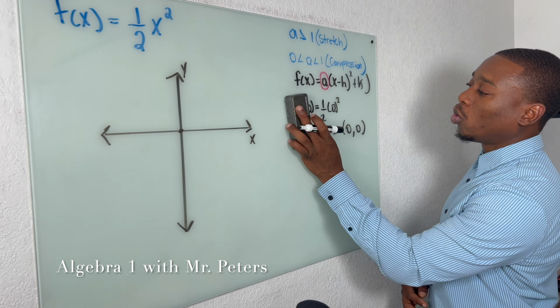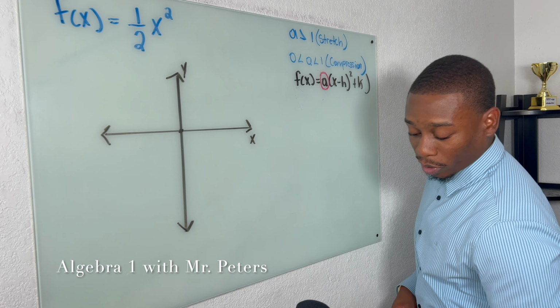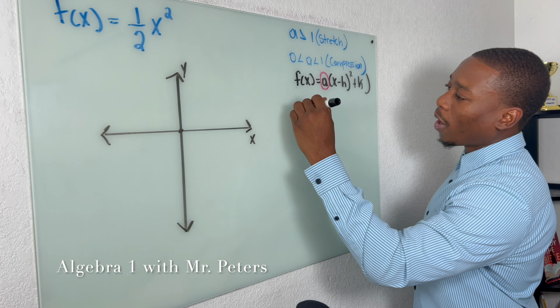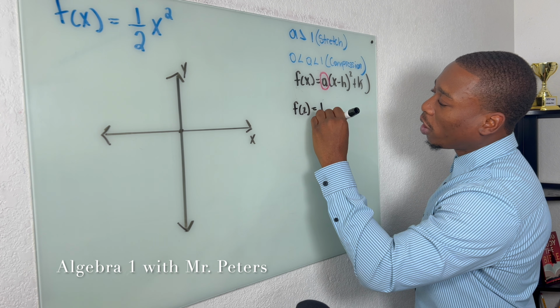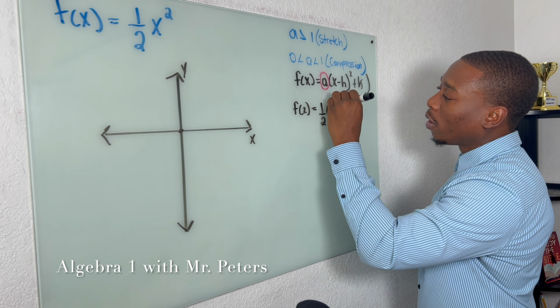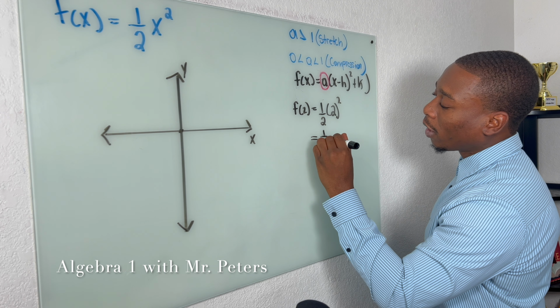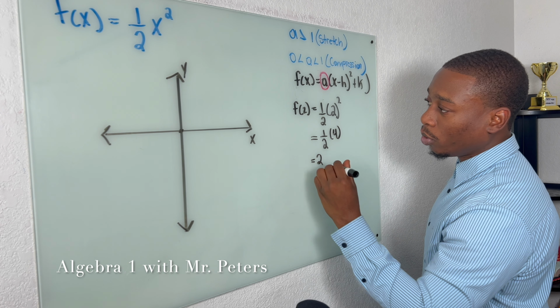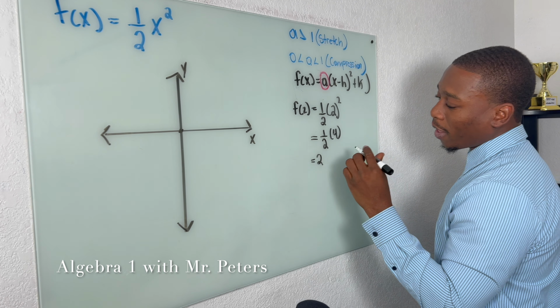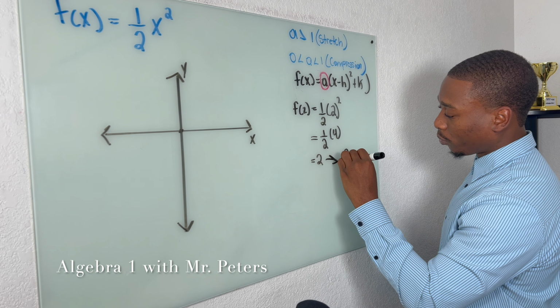Now, if we go and try to plot a second point, let's pick 2, right? We're going to do f. When x is equal to 2, what is our y going to be? And what we're going to get is half of 4, which is going to be 2. So when x is 2, that means y is also 2.